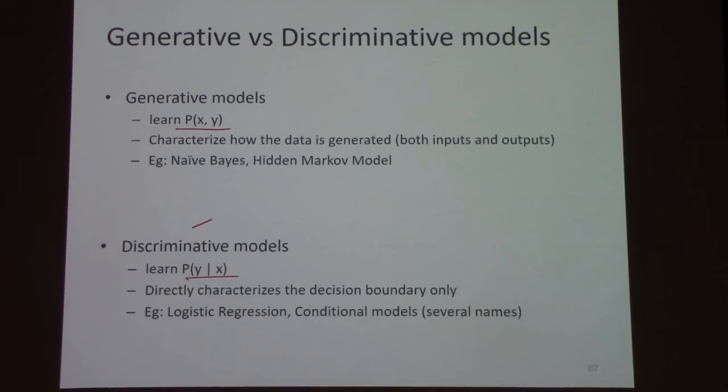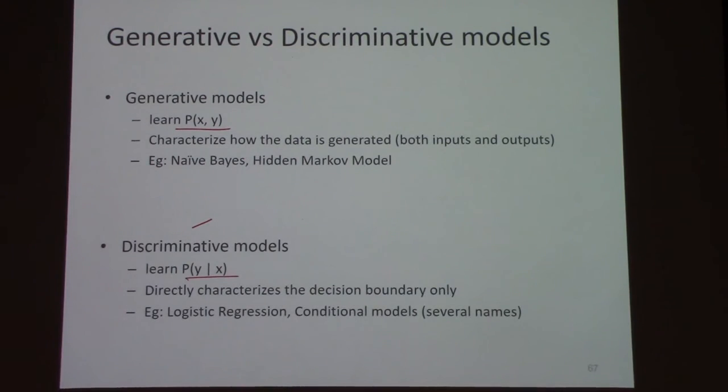So I'm not going to use the capacity of the classifier to characterize inputs, because I'm never going to be asked what the probability of observing this feature is. I don't need to expend the representative capacity of a classifier to model how inputs are distributed, because inputs are always going to be given to me. All I want is to learn to predict the outputs.